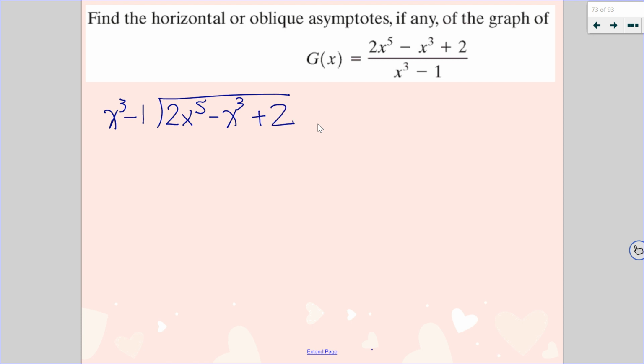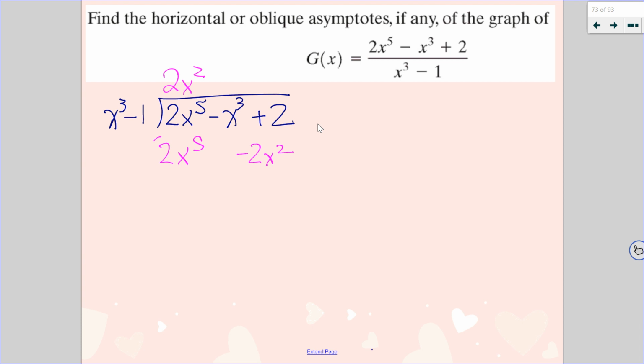So x cubed times what is 2x to the 5th? I'm just thinking this is missing a bunch of stuff, they're both missing stuff, so I can either add it for all. Yeah, we'll see if I made a mistake after we start. X cubed times what is 2x to the 5th? 2x squared. Okay. Line this up here, minus 2x squared. I'm going to line it up where the 2x squared would go, which is kind of in here.